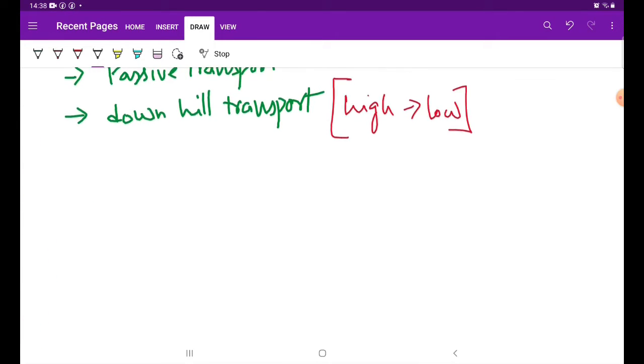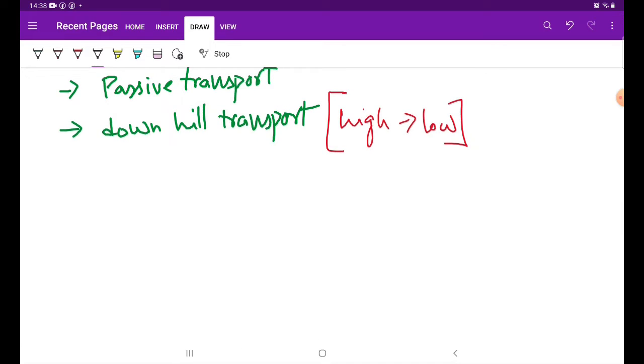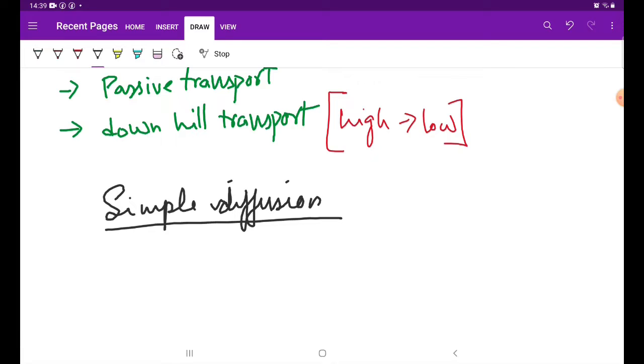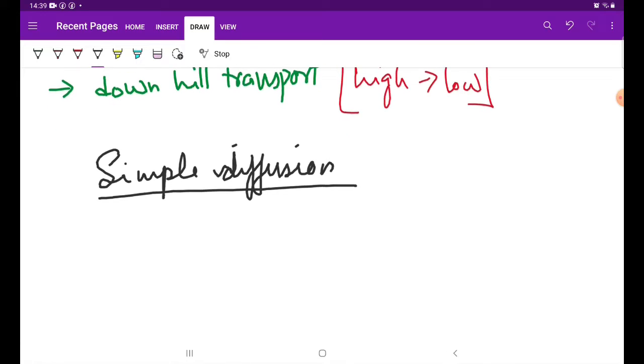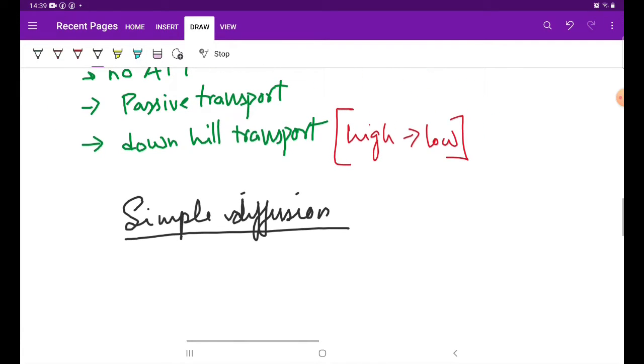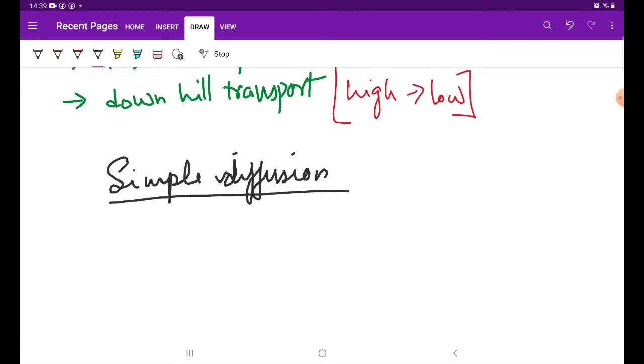Now let's look at the types. Simple diffusion. In simple diffusion, it's the same: no ATP is being used. It's passive transport, downhill transport.